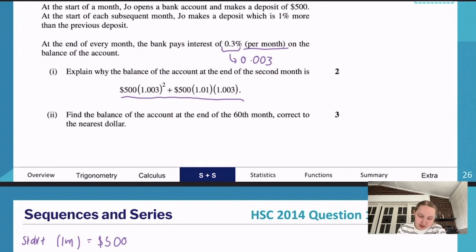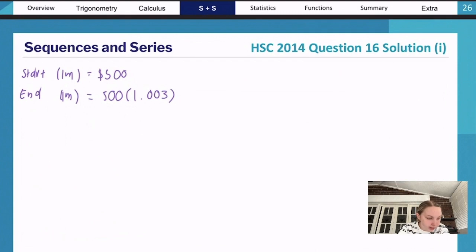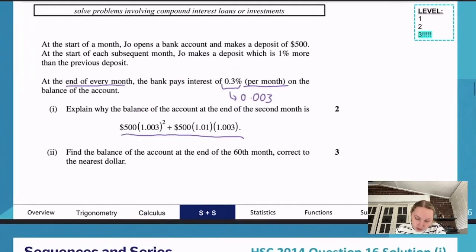Okay, and it's at the end of the month that the bank pays interest. So then at the start of the second month, we've got 500 times 1.003, so that's what we've got here, plus the 500 times by 0.01, right?